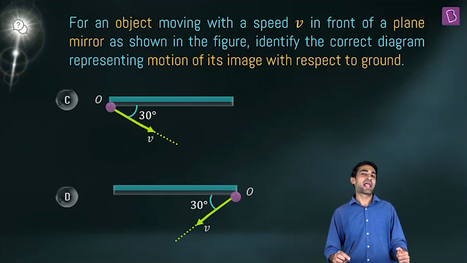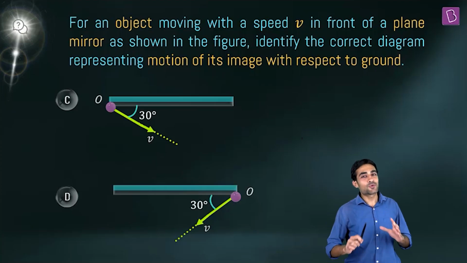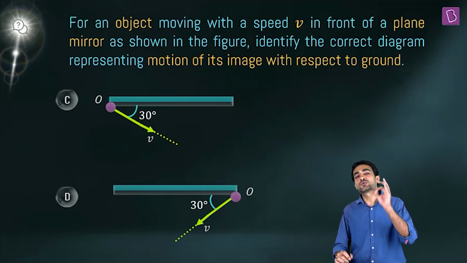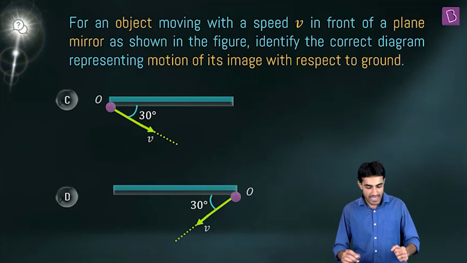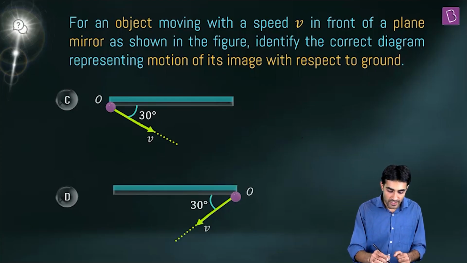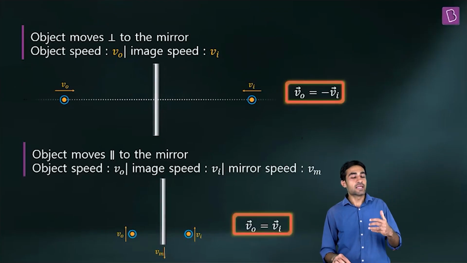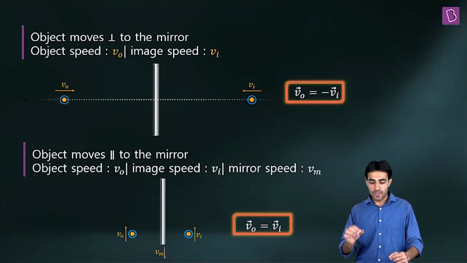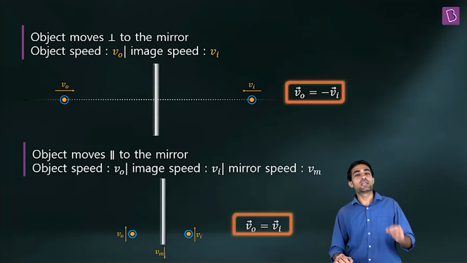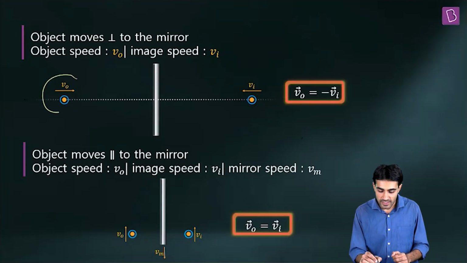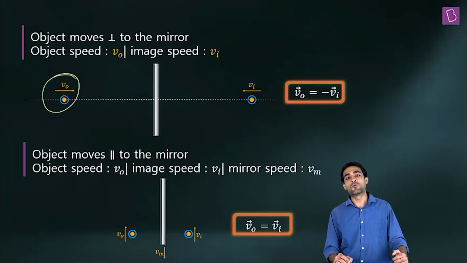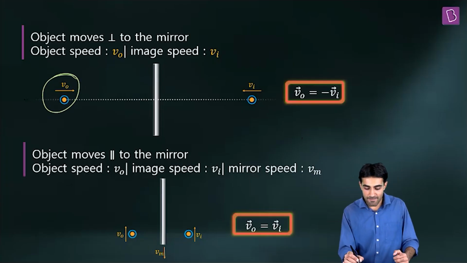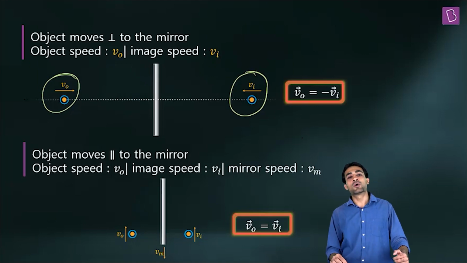Cool? Now let's go straight away to the concept which will enable us to solve this question. Let me show you two important cases. In case 1, the object is moving perpendicular to the mirror with speed v0. So you can see the object is moving towards the mirror, and the image will also move towards the mirror.